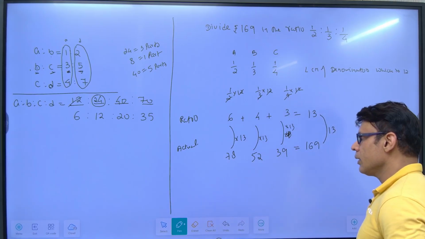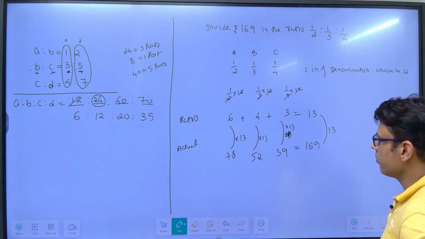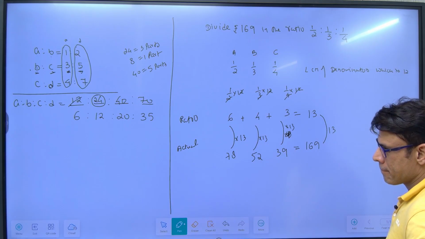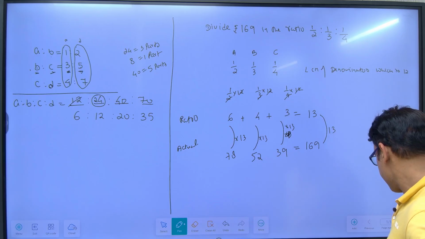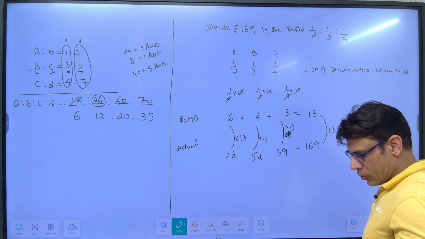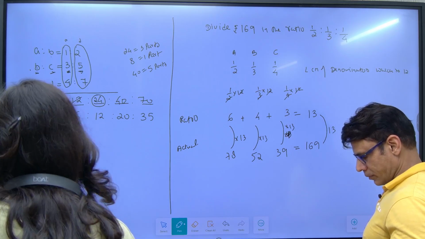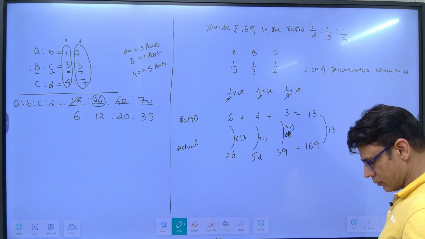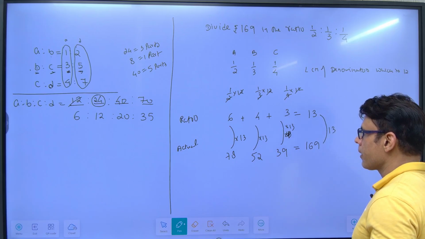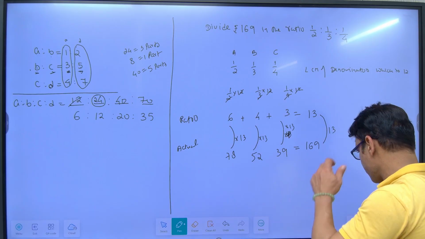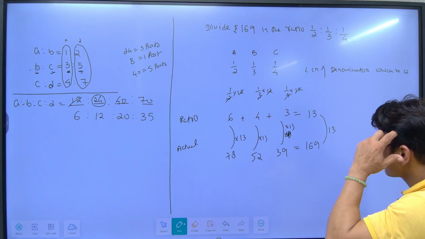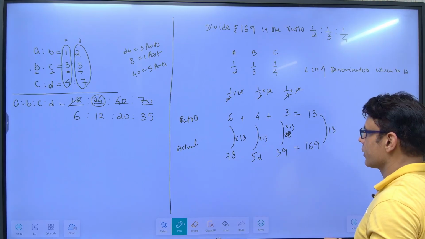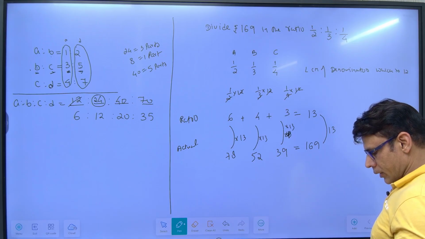So these are the actual money received by A, B, and C. Clear to all of you this one?